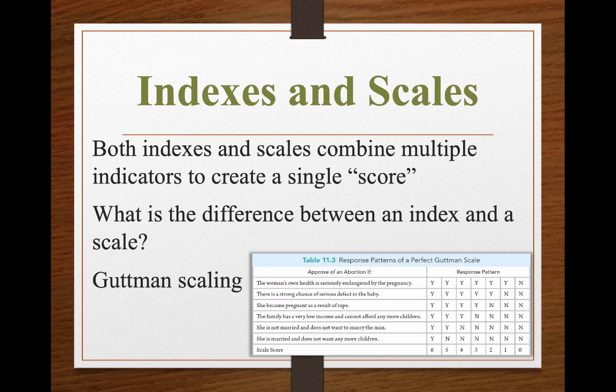So this is why it's so important, in that kind of context, to create a scale that actually measures what it seems to be measuring. Because if you're trying to say, okay, this person, when it comes to approval of abortion here on this table 11.3, that obviously a score of 6 is very approving of abortion versus a score of 0 right there with no matter what, even if it was rape, even if it was the woman's health is endangered, whatever it might be.